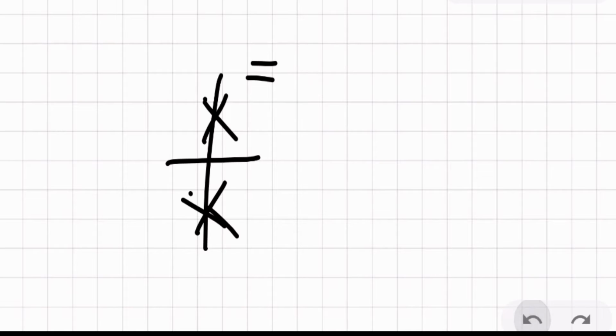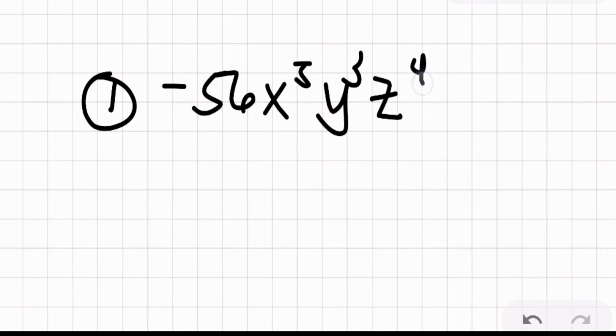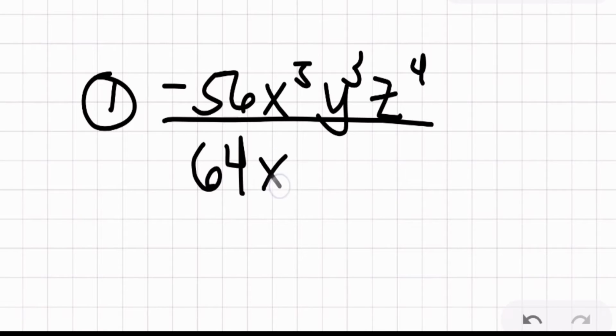So let's have this first example: negative 56 times x raised to 5 times y raised to 3 times z raised to 4, all over 64 times x raised to 6 times y raised to 2 times z raised to 4.